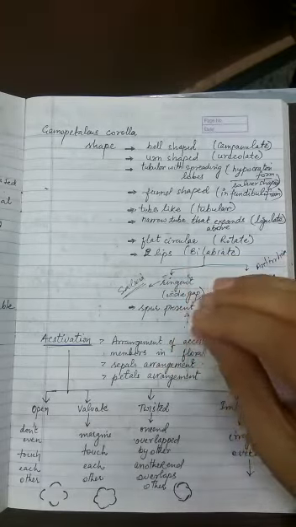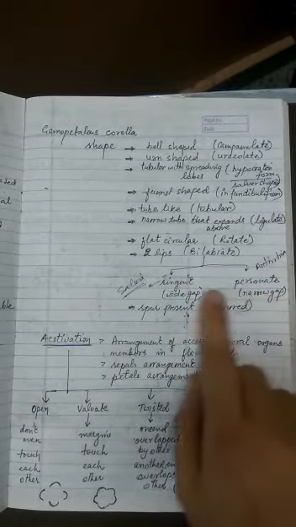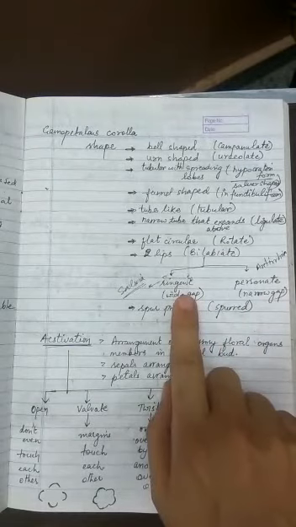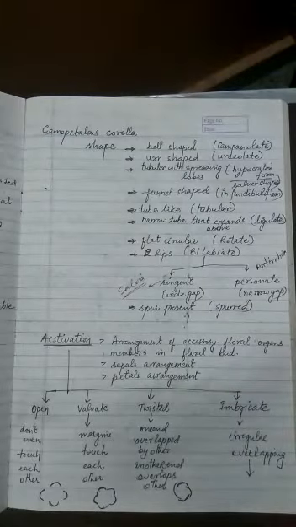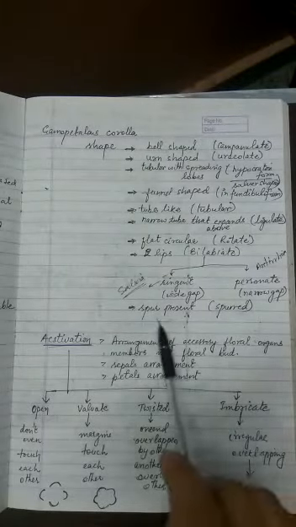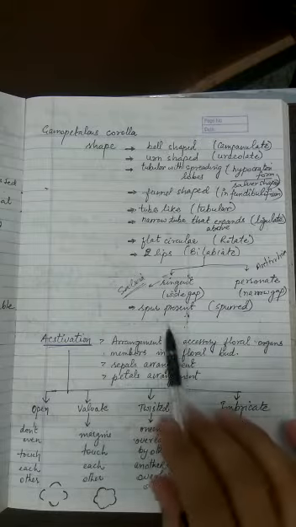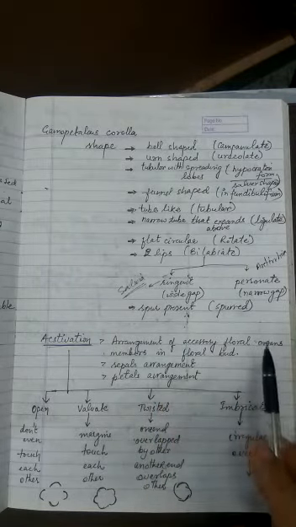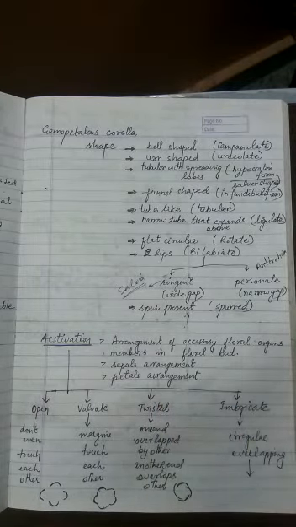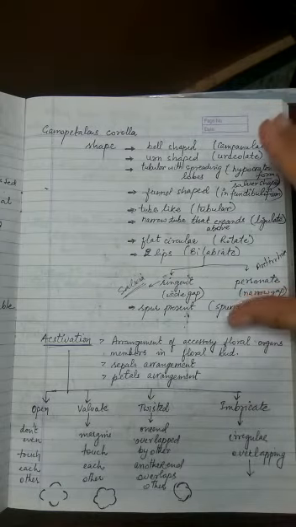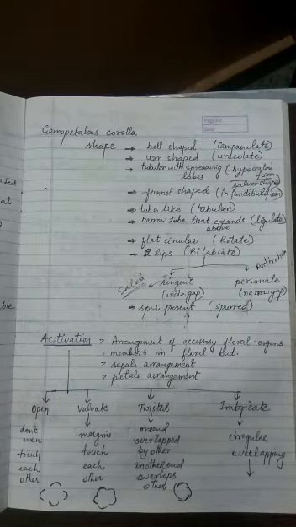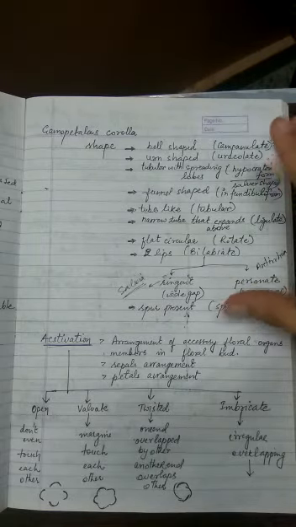If the gap is small, it is called personate. If the gap is wide, it is called ringent type. Even spurred type is present. Spurred type is present in garden nasturtium as well as delphinium or larkspur. If a spur is present, then it is called spur type. So these are the various types of gamopetalous corolla. Remember, these names are very much the same as the calyx. So once you have covered one topic, it is easy to understand the next topic also.